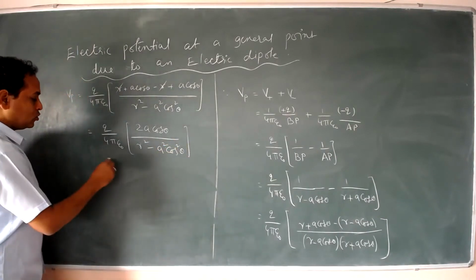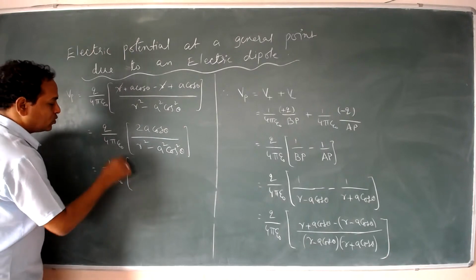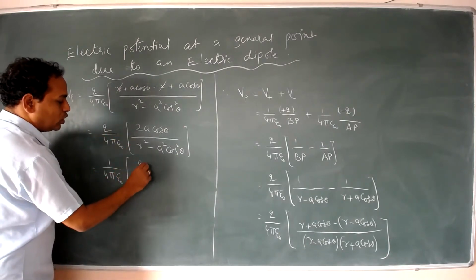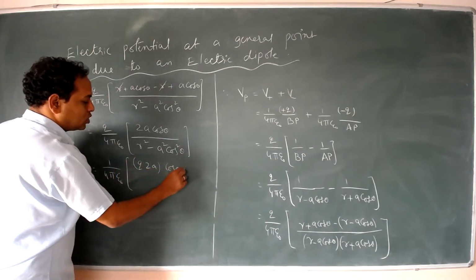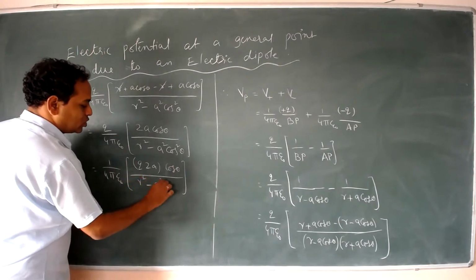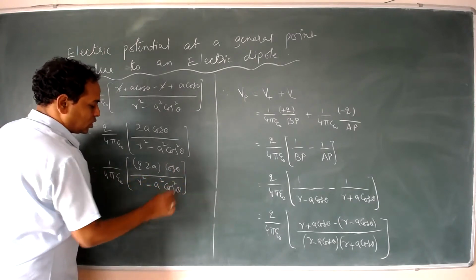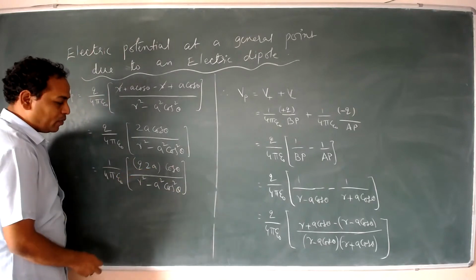This we can write. So 1 by 4 pi epsilon naught into Q into 2A cos theta divided by R square minus A square cos square theta. What is Q into 2A? This is called dipole moment.